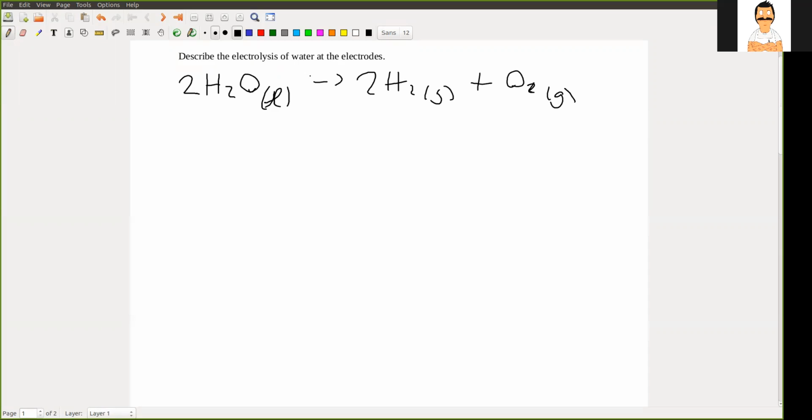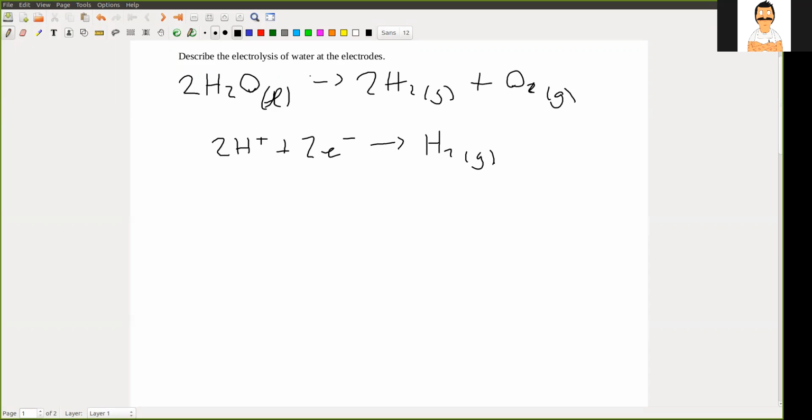But really, this can be broken up into two half reactions. The first of which is one that we've dealt with before, and we're going to write it in the reduction form. So 2 protons plus 2 electrons yields 1 hydrogen gas.